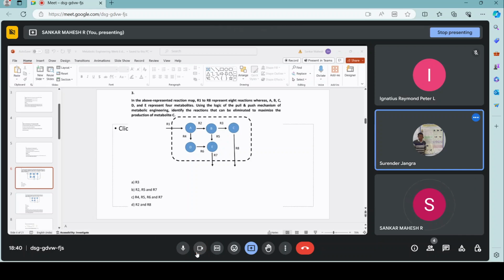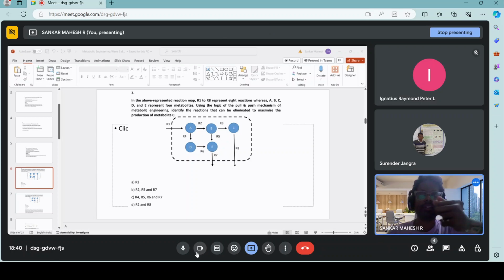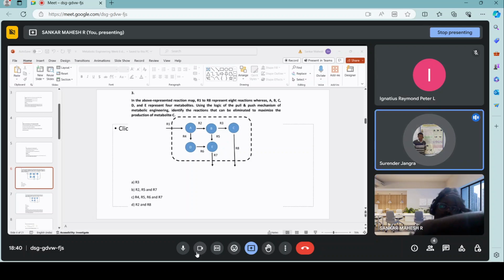Yeah, so you can first start with what is the logic of push and pull mechanism that was discussed, and then we can take it from there. Pull and push means push, we have to force the precursor molecules to our target molecule.